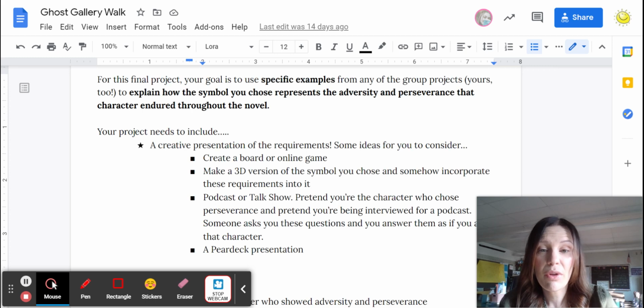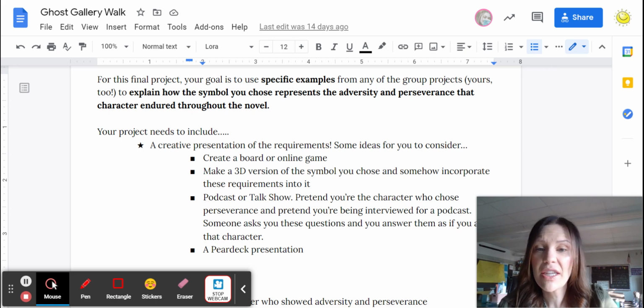With that board game, then you would have to include questions that would go along with your explanation, or get the people playing your game to be able to explain the significance of that symbol. So you would kind of need to lead them through the path of thinking to get them to understand why that symbol was used. So we're looking at more abstract type thinking here. It's not going to be as super easy as, here, let me just give you the answer to this information. You need to come up with a way to represent it.